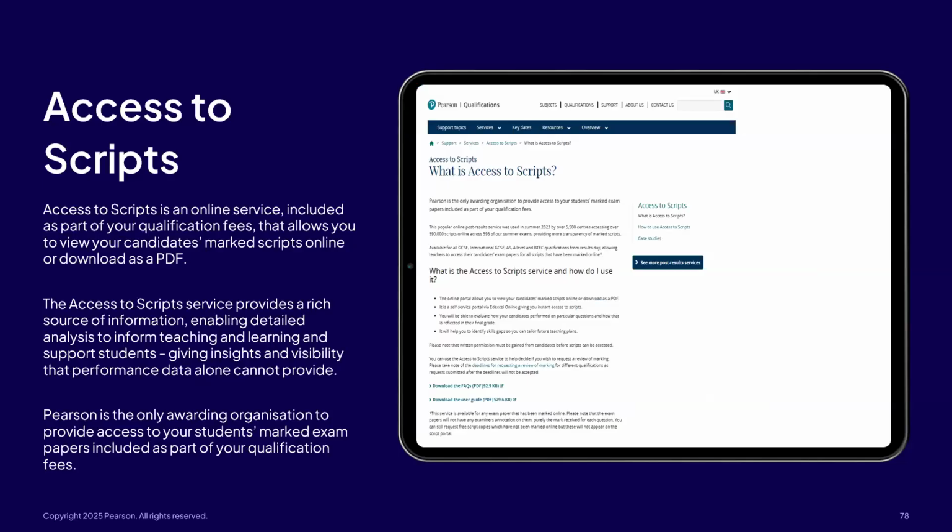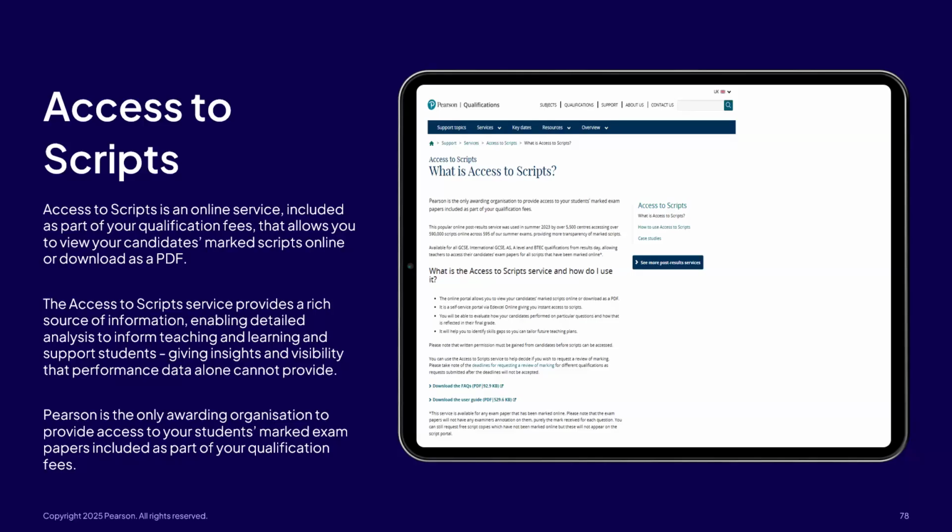Access to Scripts is a self-service, online, free. It's instant on results day. It cuts down on speculative reviews of marking because you can see all of the answers for all of your students. It allows you to look at your students' exam papers free of charge. It's accessed through the platform of Edexcel online.